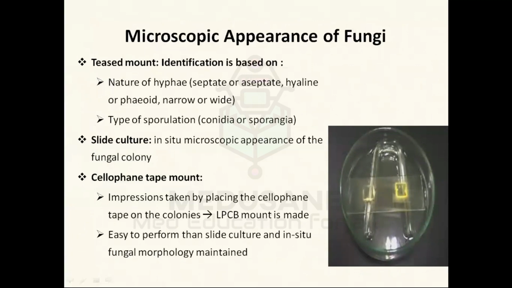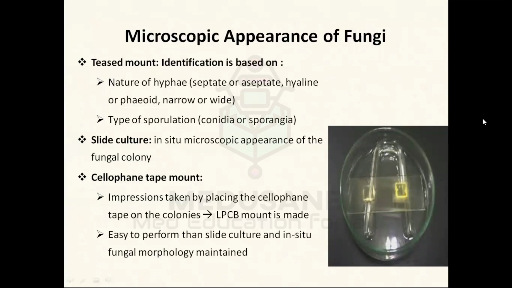In this region you dip cotton in water and place it here, cover the petri dish and incubate it overnight, or leave it for 1 or 2 days. After 2 days, you take the cover slip from the agar block, put a drop of LCB mount over the cover slip and look for the microscopic appearance of the fungi. Like this you can see the microscopic appearance of the fungi.